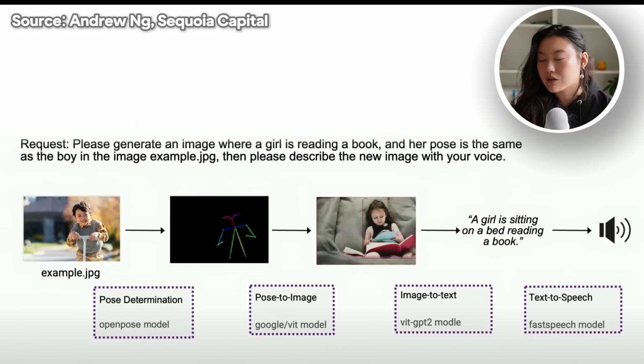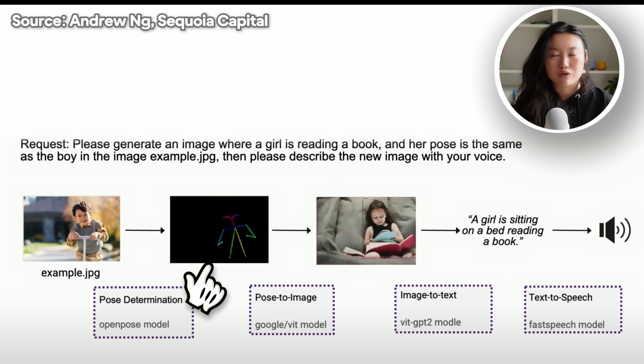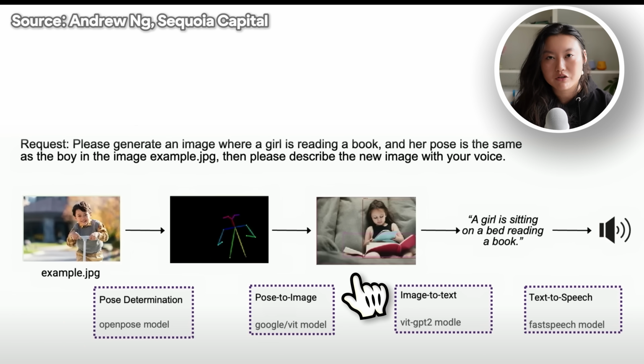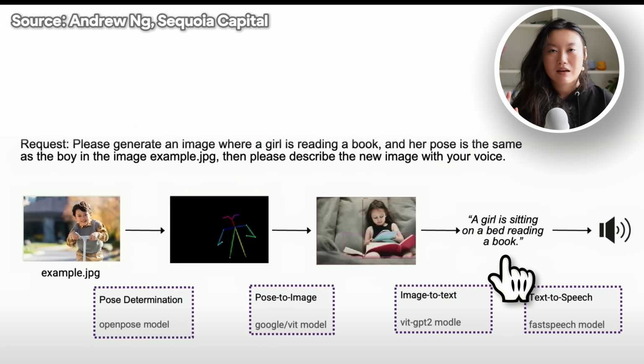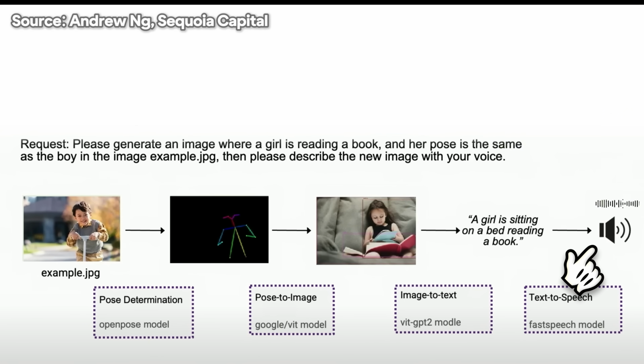Then please describe the new image with your voice. With this agentic framework, it's able to first look at the image, access a specific model to determine the pose of the boy in the image, use another model to convert that specific pose to an image of a girl, another model to translate the image to text, and finally a text-to-speech model to describe in audio what it is that the girl is doing. "A girl is sitting on a bed reading a book."